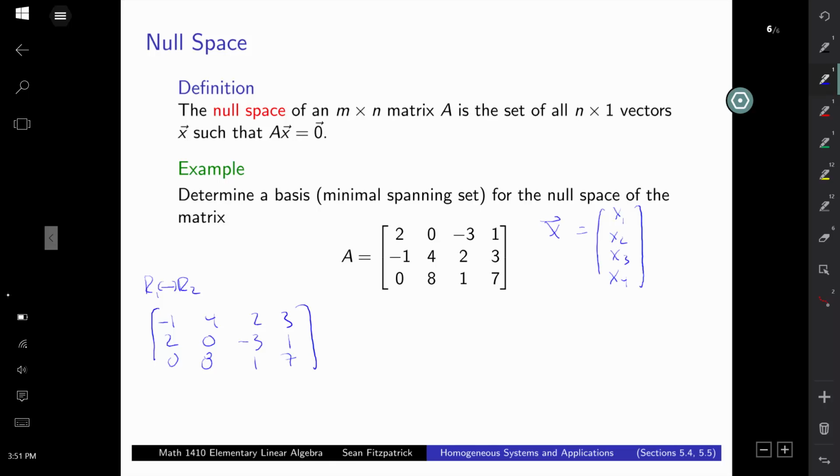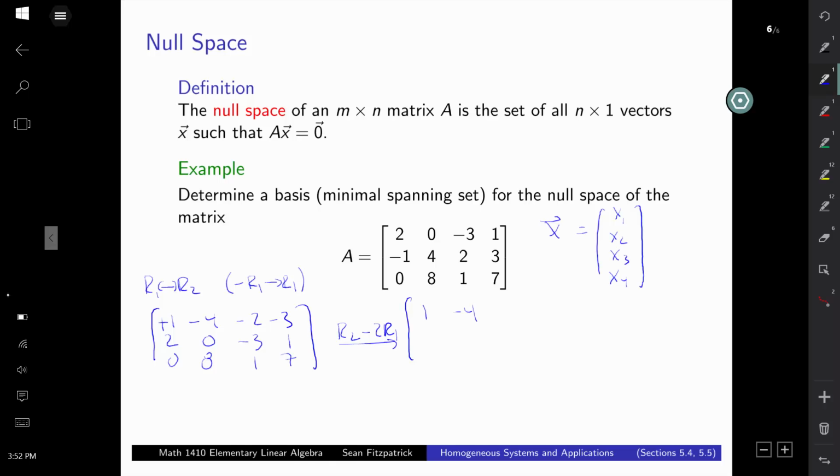Then I'm going to switch the signs on row 1, so that becomes 1, minus 4, minus 2, minus 3. Then I'm going to do row 2 minus 2 row 1, to use my leading 1 to get rid of the 2.